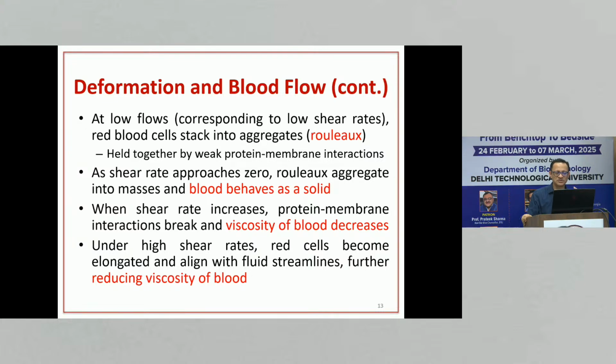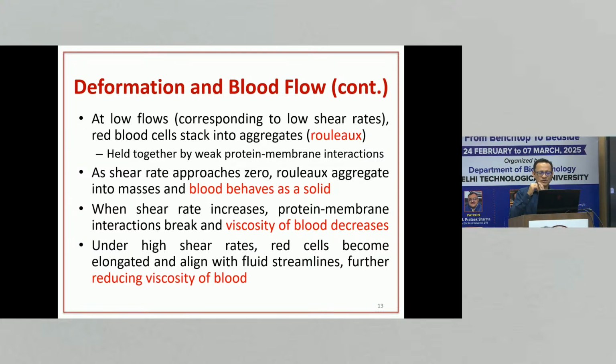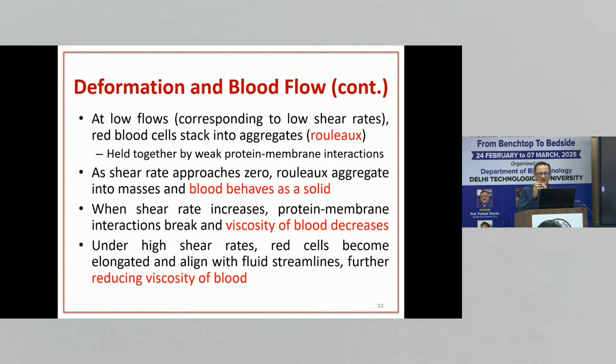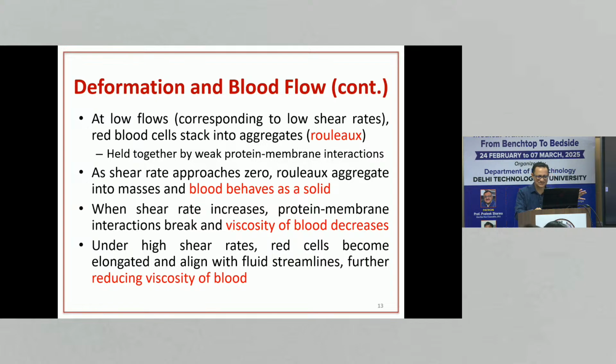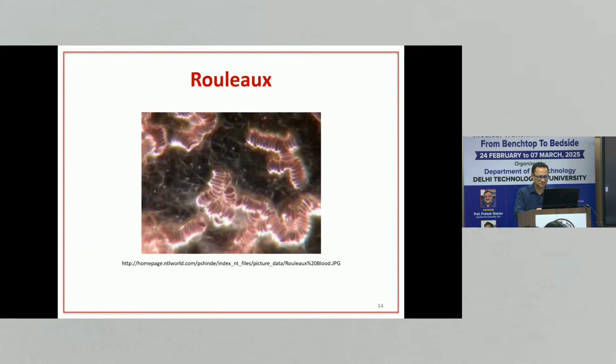As shear rate approaches zero, rouleaux aggregate into masses and start behaving like a solid. But as the shear rate increases, protein membrane interactions break, the viscosity of the blood decreases, and the flow becomes fine again. So there is this concept of rouleaux also.